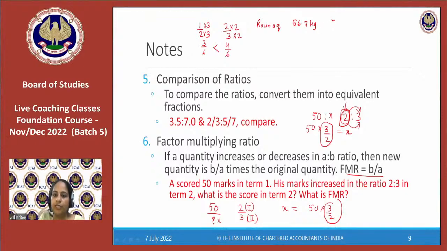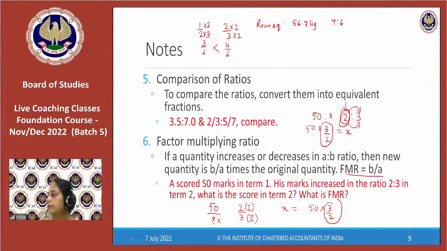He will be reducing his weight in the ratio 7:6. Like whatever he is having the weight as 7 times, he wants to get it into 6 times. So what would be his new weight?